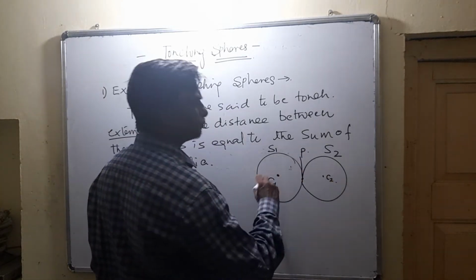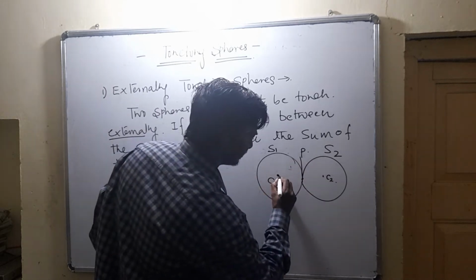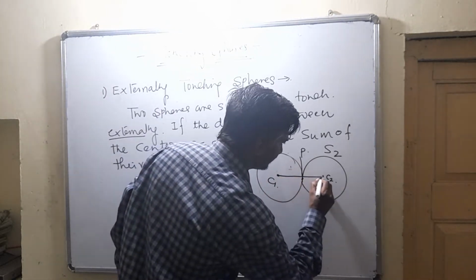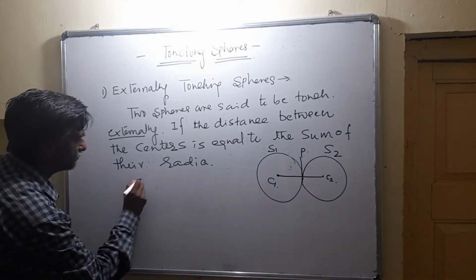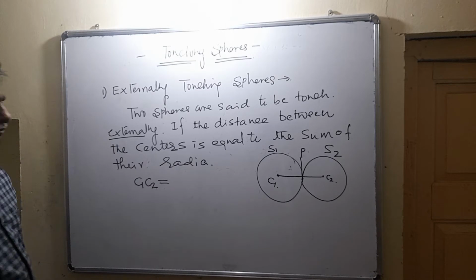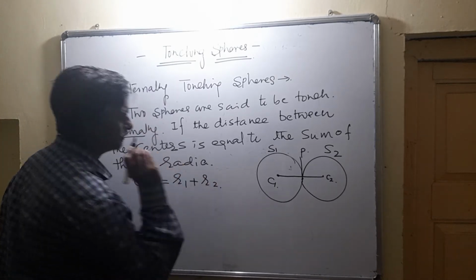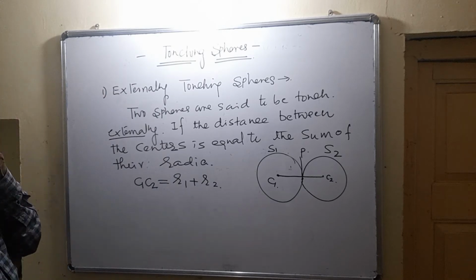The distance between the centers, C1C2, must be equal to R1 plus R2.